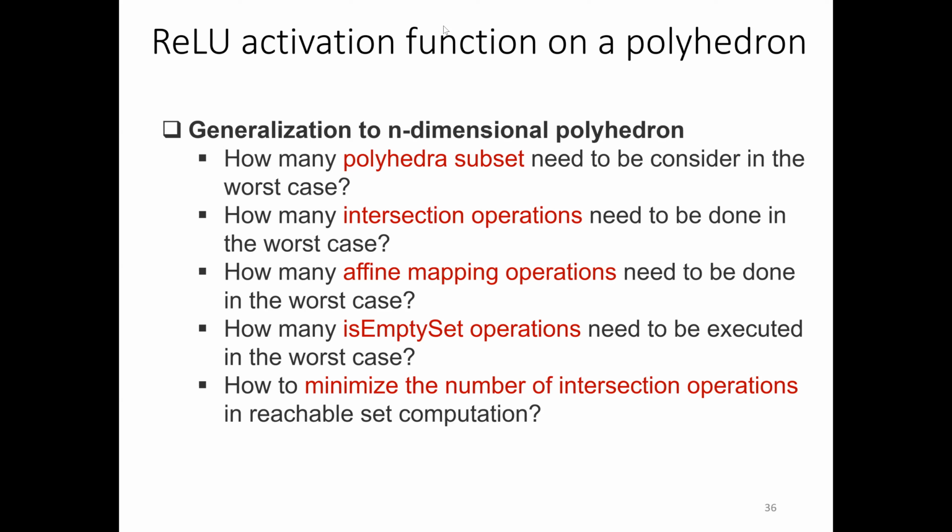So here, to compute the reachable set, we split the polytope, right? And now you say the convex hull operation is also very expensive, right? Okay, so the easiest way to minimize the number of intersection operations is that we know beforehand which dimensions are larger than 0 and which are smaller than 0.